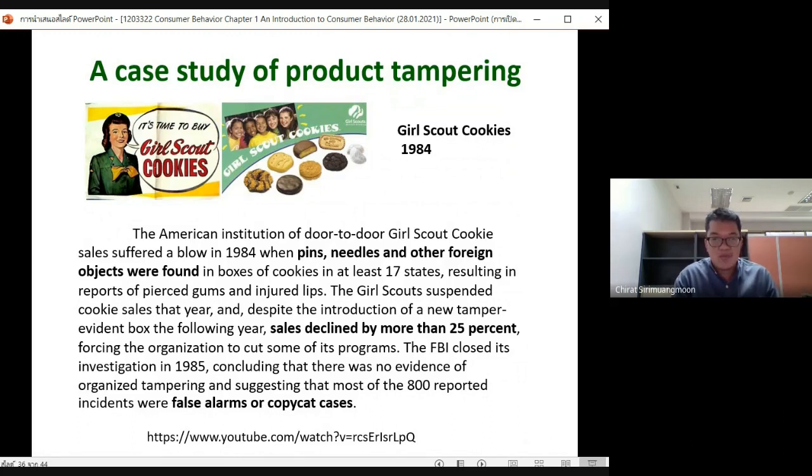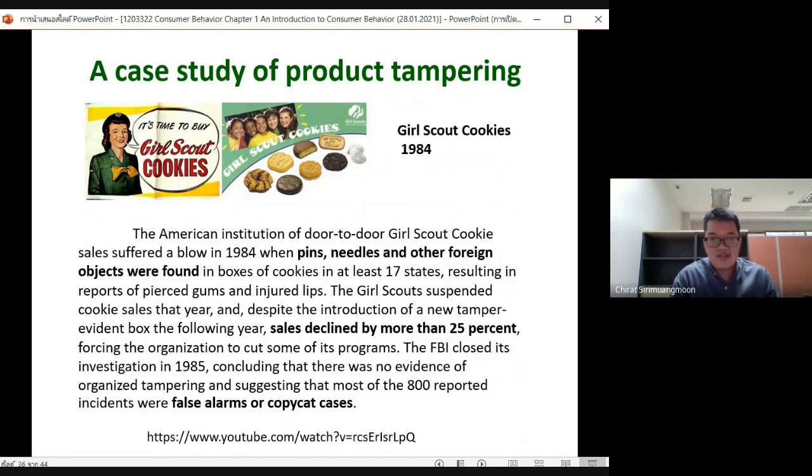Then one thing that always happens, which is when some product is good, the competitor will do something bad to discredit your product. In this case, pins, needles, or other foreign objects were found in the cookies, which should not be there.